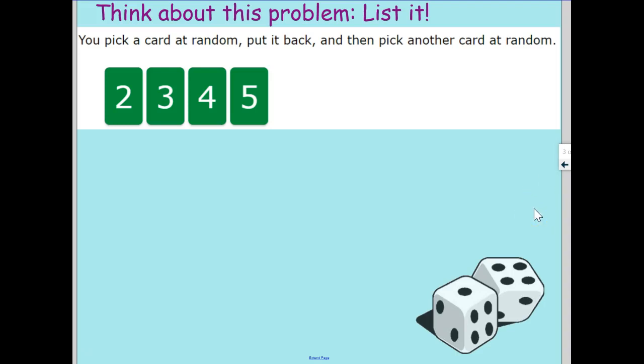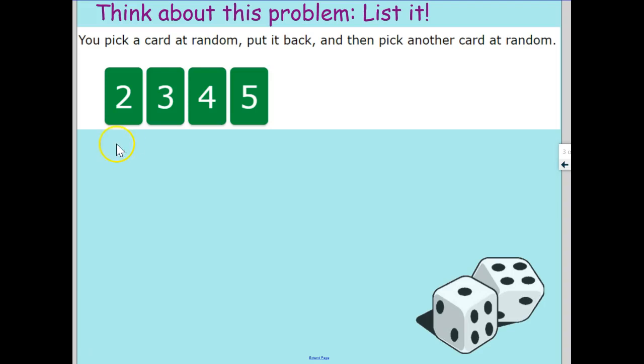So in the last lesson, we talked about different ways you can keep organized, making lists, tables, tree diagrams to figure out compound probability. So if I had this problem here where I have to draw a card, put it back, and then pick another card, I could use a list to figure out all the possible outcomes.